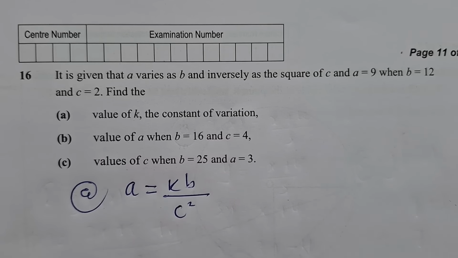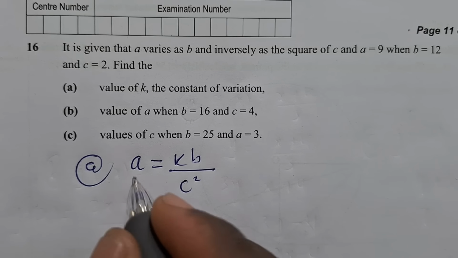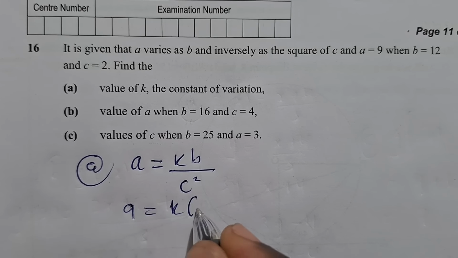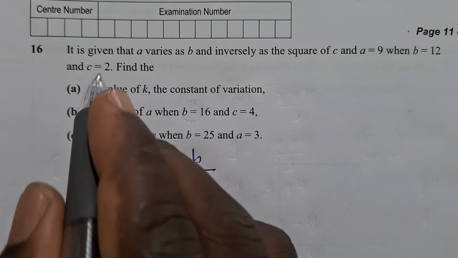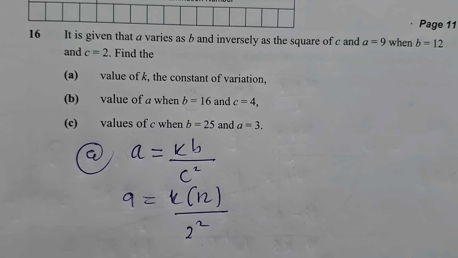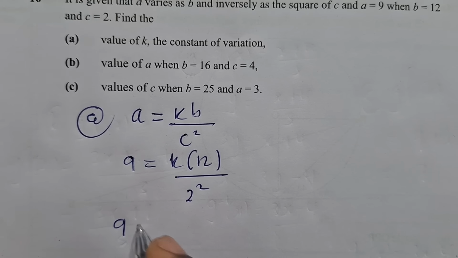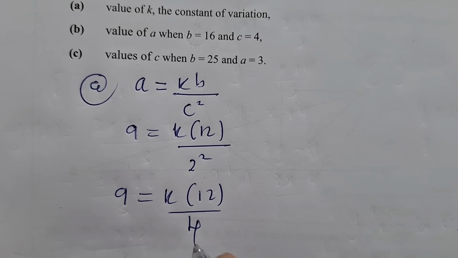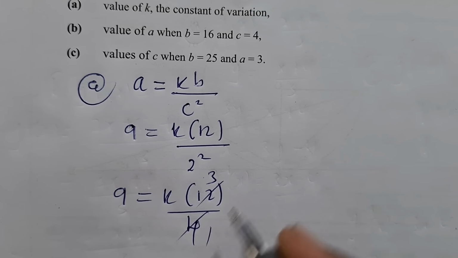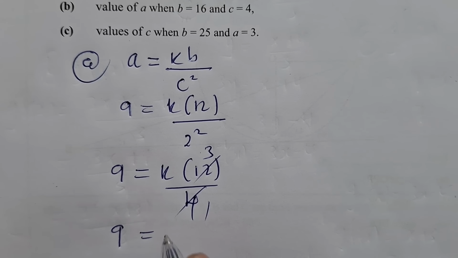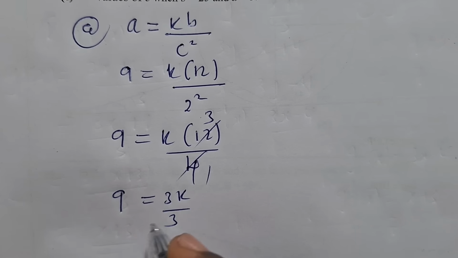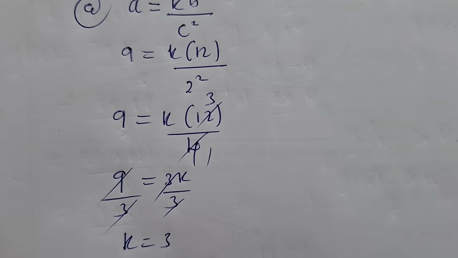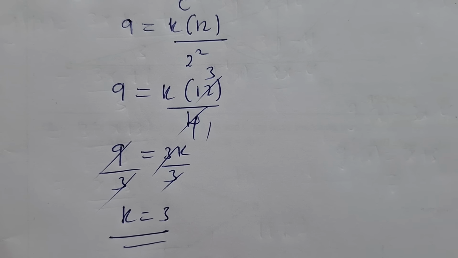So 9 equals K times 12 over 2 squared, which is 4. 12 over 4 is 3, so 9 equals 3K. Divide by 3, and K is equal to 3.